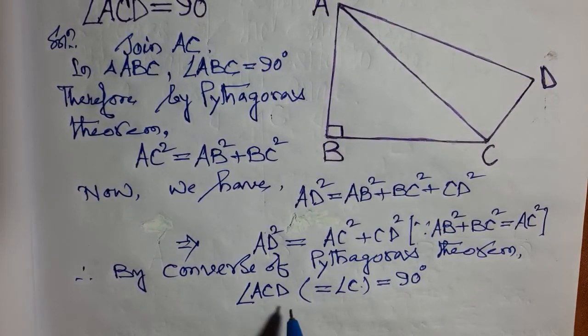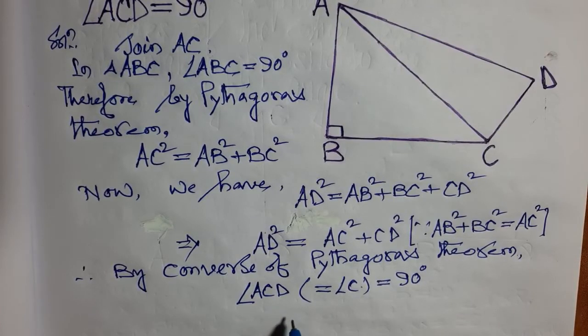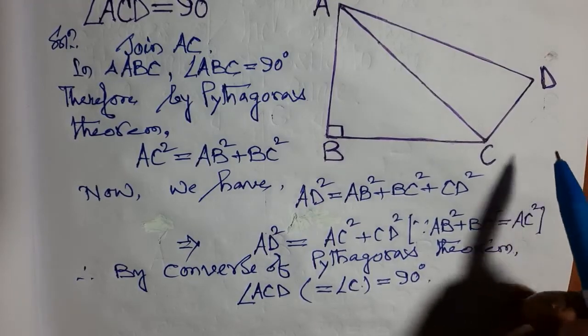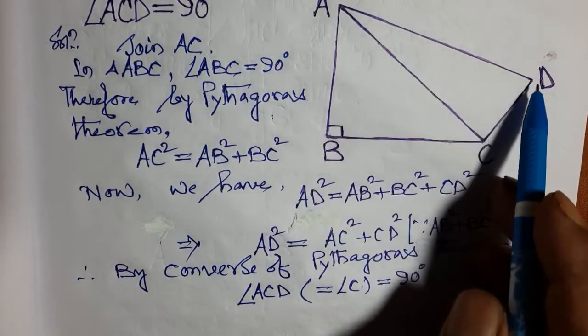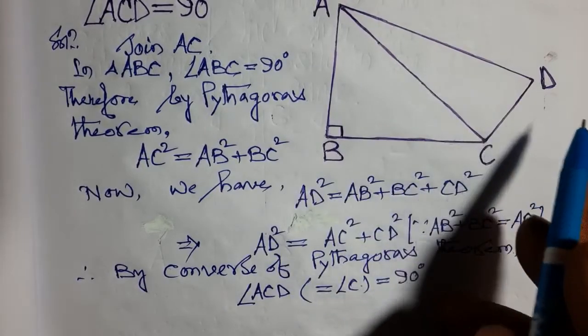Therefore, by converse of Pythagoras theorem, angle ACD is equal to 90 degree, because AD square is equal to AC square plus CD square.